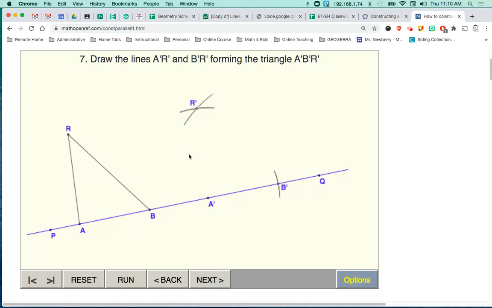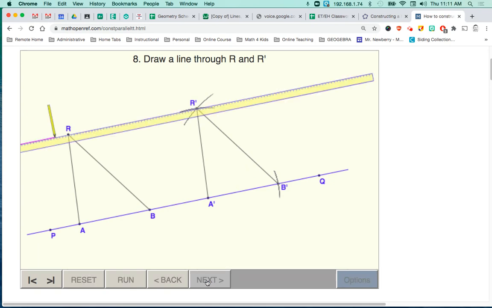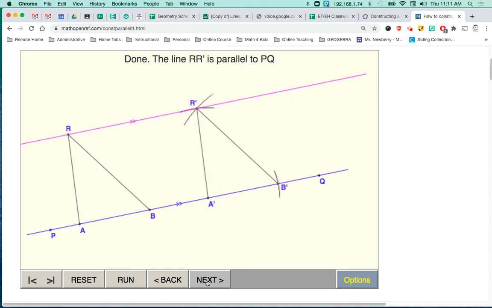Last step, we can make our triangle, which completes the translation of the triangle. And to get our line that's parallel, we just connect R and R prime. And there we go.